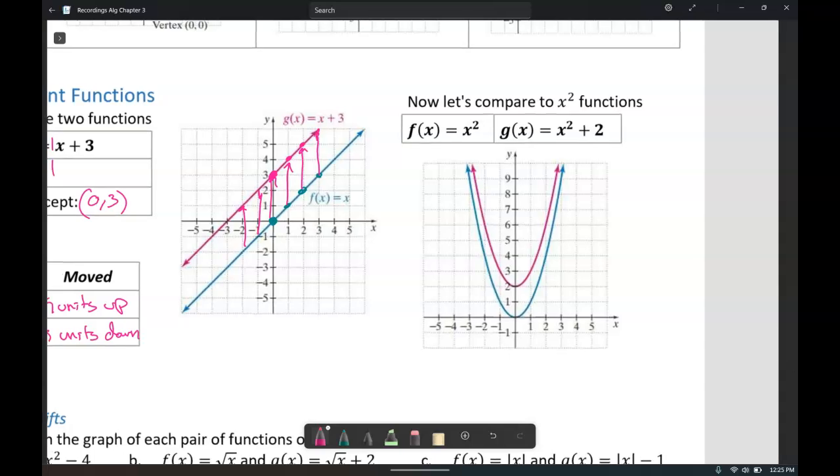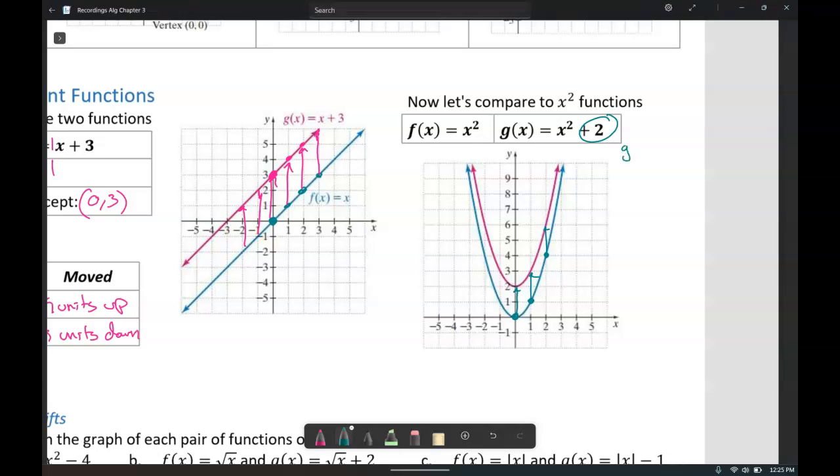If we look at f of x is x squared and g of x, we can see that for g of x, every single point on the graph is shifted the same number of units up, 2.